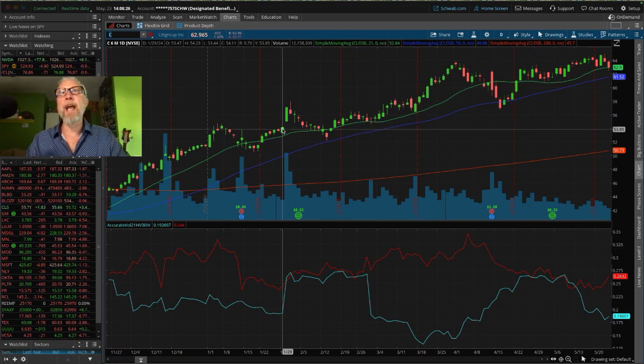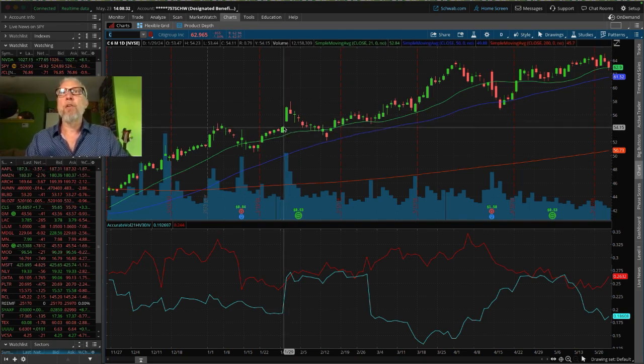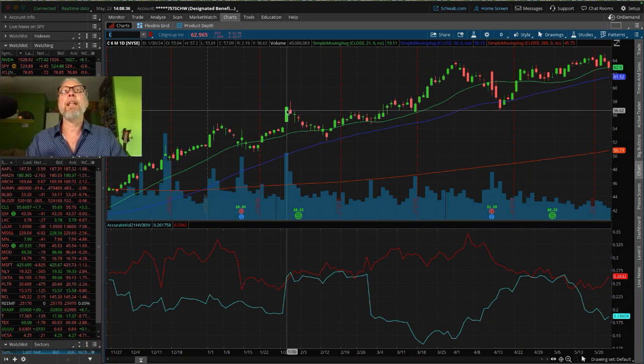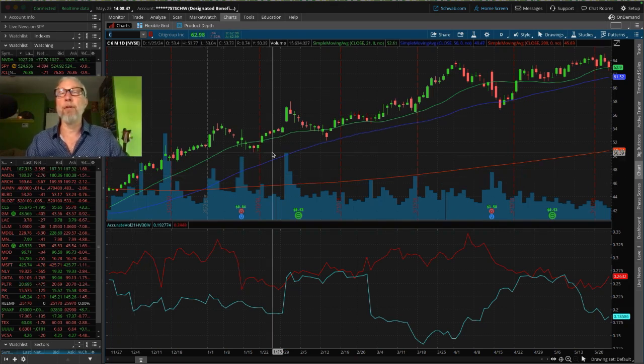Well, look at this big gap that happened right here in Citigroup a while ago, right? The closing price was here at 54.11, and then the next day, the closing price was 57.09. That's a much bigger gap than we've seen over the past 20, 30, 40 days or whatever.